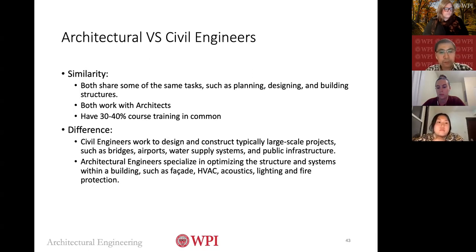And 30 to 40% are common, but the other 60 or 70% of courses in architectural engineering include envelope design, HVAC systems, lighting, and so on. The main courses support design and also the engineering related to buildings. You can understand it another way as building engineering. I think that's going to be easier to understand. Yeah.